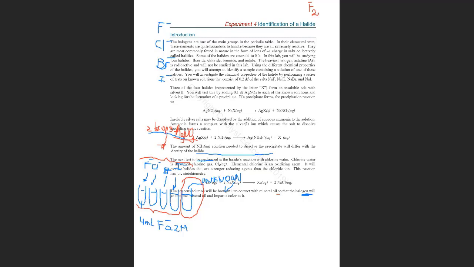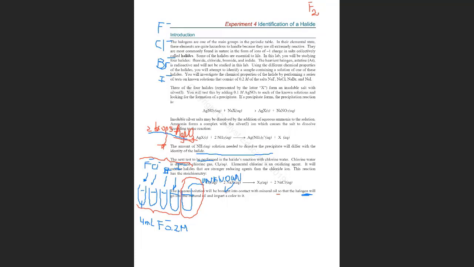If the halide is bromide, you are going to have a solid salt, which is silver bromide, also solid. And if it's iodide, you are going to have a solid that is silver iodide.